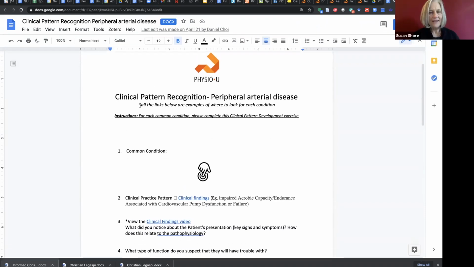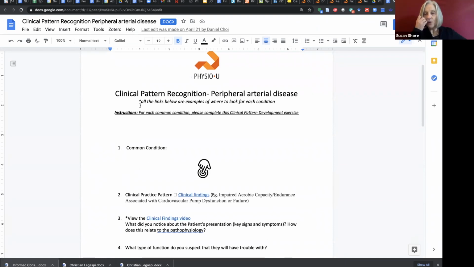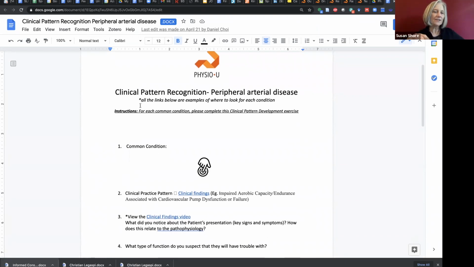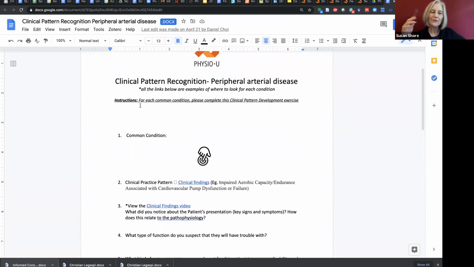So they could have this beforehand, Catherine, to review for themselves and have something to write down. It gives a little more guidance to review these things ahead of time.